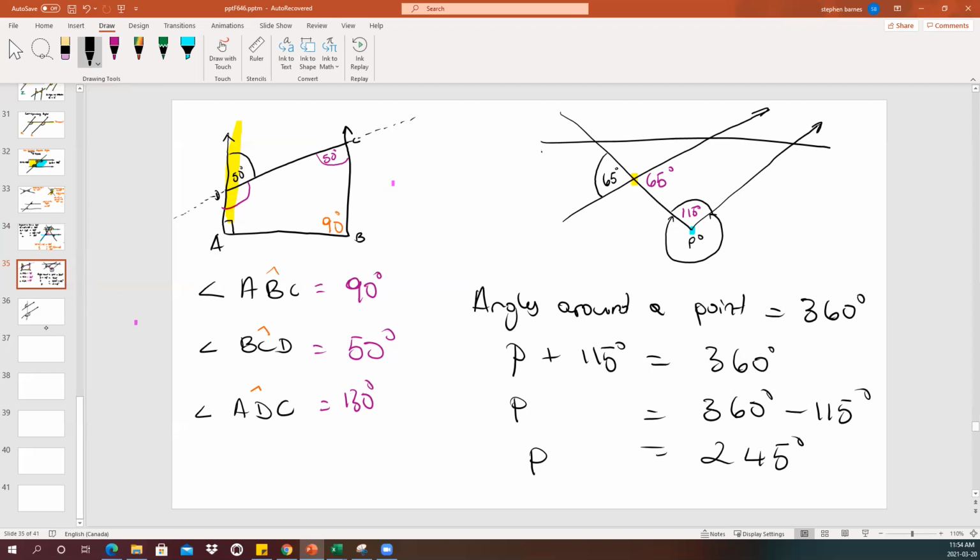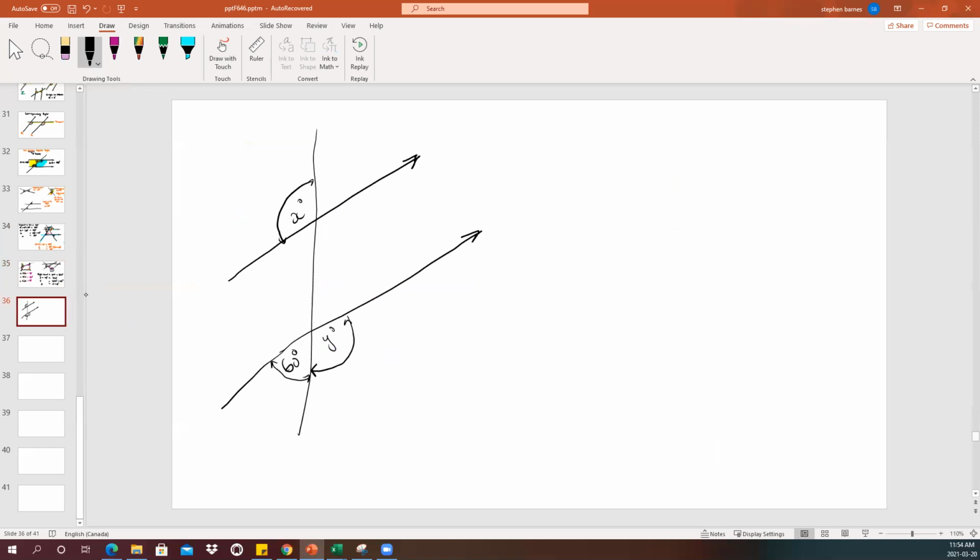Oh, is there one more? Yeah. There's one more. All right. So let's go. For this one, how do we do this one? Oh, all right, so this one is easy. So we have here angles on a straight line. This is a straight line, if we can see it.